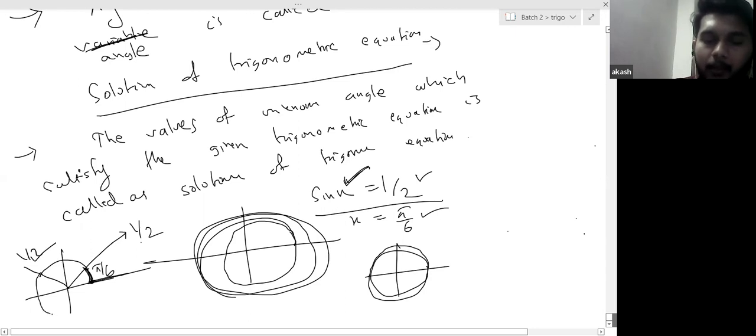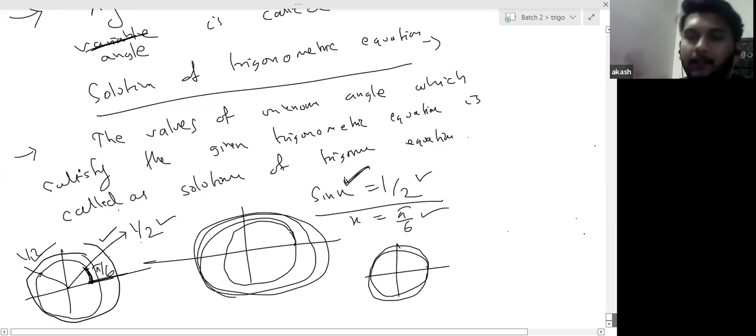You move again, you get negative values of sine. Again, when you come to the first quadrant, you get half. In the second quadrant, half. If you take another circle, then again half. So you get infinite values of x which satisfy sine x is equal to half. Is it clear?